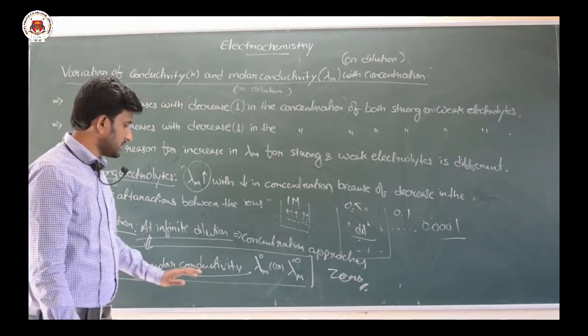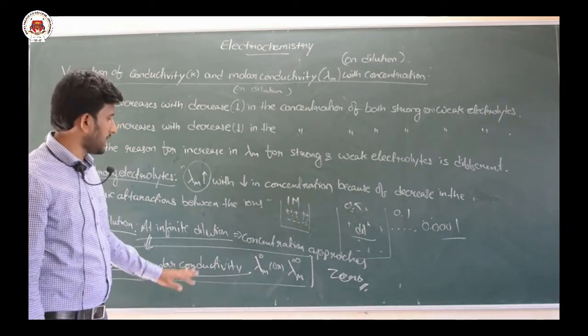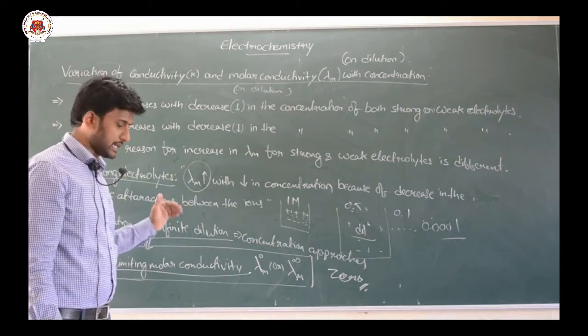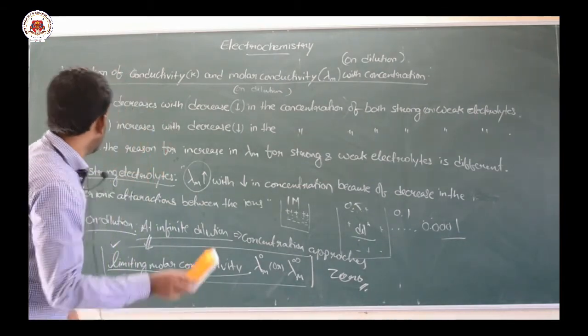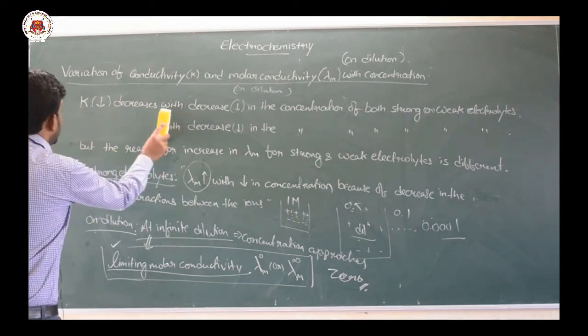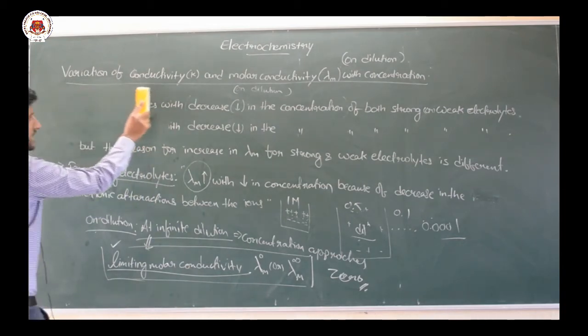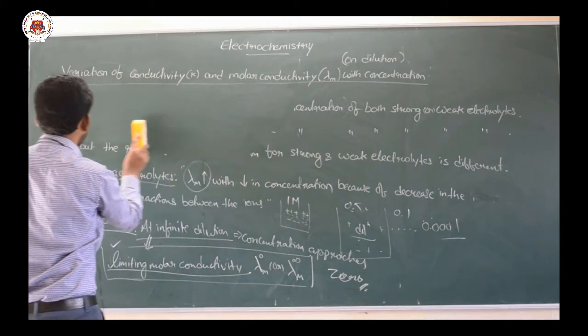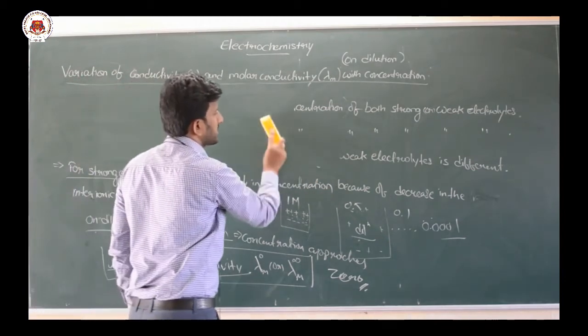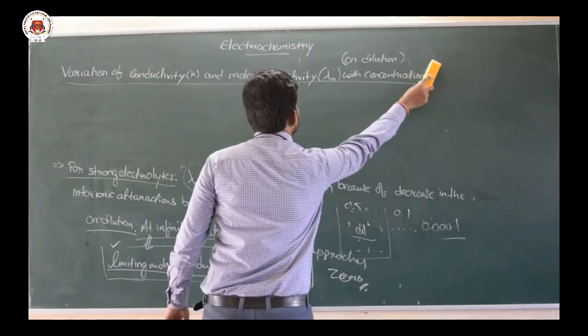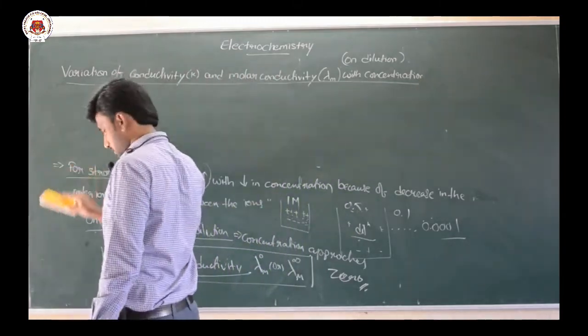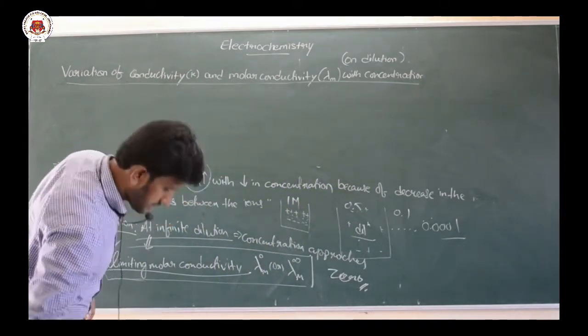Now this concept of limiting molar conductivity and molar conductivity with respect to strong electrolytes is explained by the Debye-Huckel-Onsager equation. Graphically this is explained with that equation.